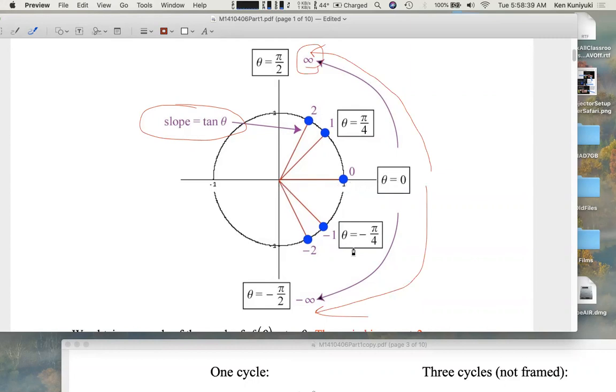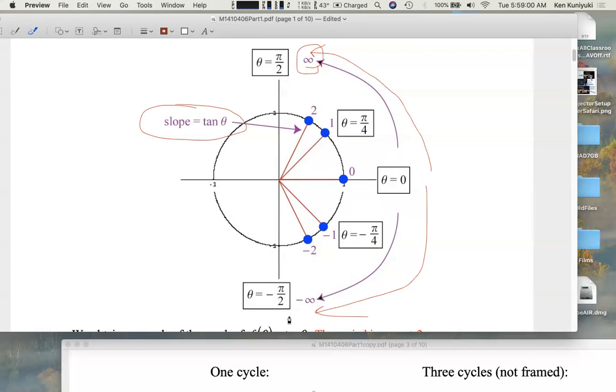The tangent of negative pi over 4 is negative 1. As we decrease the angle towards negative pi over 2, the slopes become negative 2, negative 10, let's say, negative 100. The slopes are approaching negative infinity.